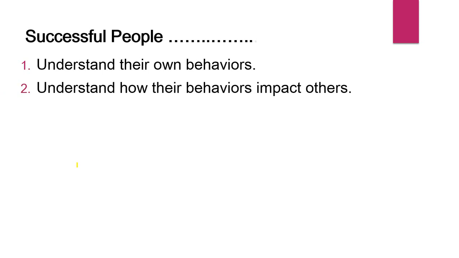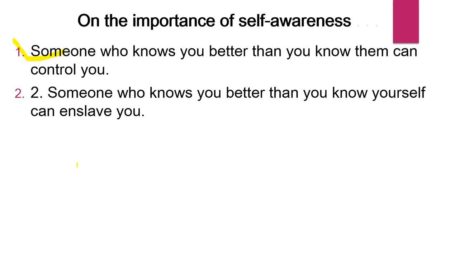Okay, and understand how your behavior impacts others, how I am behaving and what kind of impact it is putting on others. If I want to be successful, I first have to be aware about myself and others.